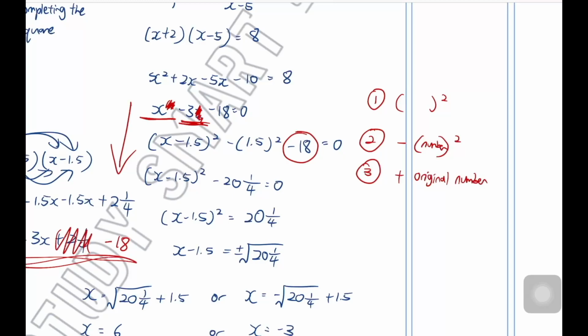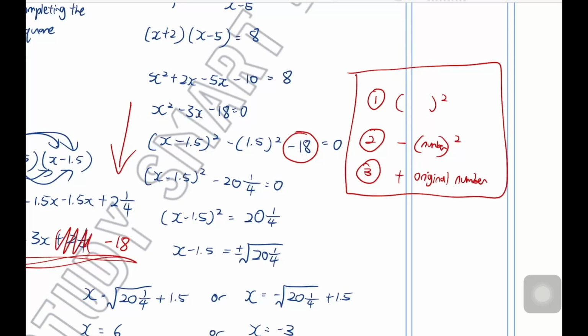Okay, with these 3 steps that I've highlighted to you, you should be able to change your quadratic equation to your completed square form.